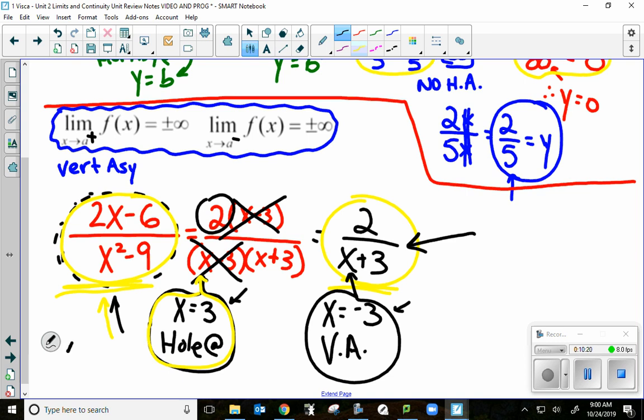Yeah, we said that in the beginning. But at positive 3, there's a hole because it got taken out. Negative 3 is the vertical asymptote because it remained in. So I wanted to show you the difference between something that gets factored and canceled out, gives you a hole, and something that doesn't, gives you the asymptote.